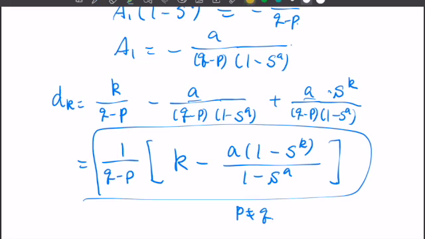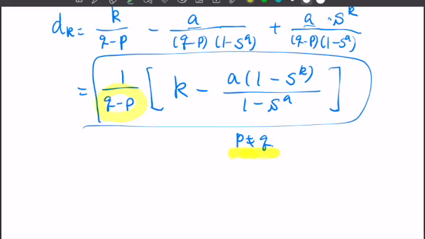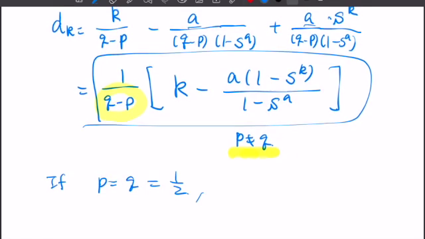Now, as you can see, if they are equal, this will be a problem. But since we're assuming p is not equal to q, it's okay. Similarly, if p is equal to q, in this case it's actually equal to 1/2, then we can apply a similar approach.